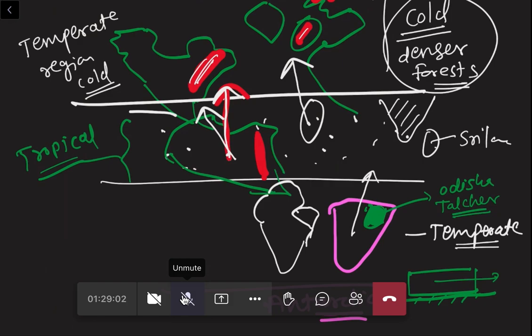The glacier scratches the surface of the earth as it moves, and because of that there are scratches, which are called glacial striations. So these glacial striations are visible to us now. We are just finding these glacial striations here in the Odisha region.